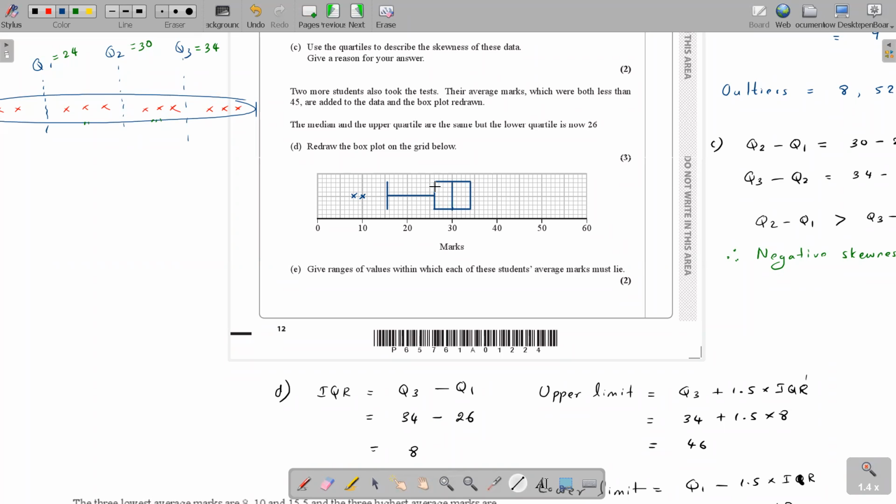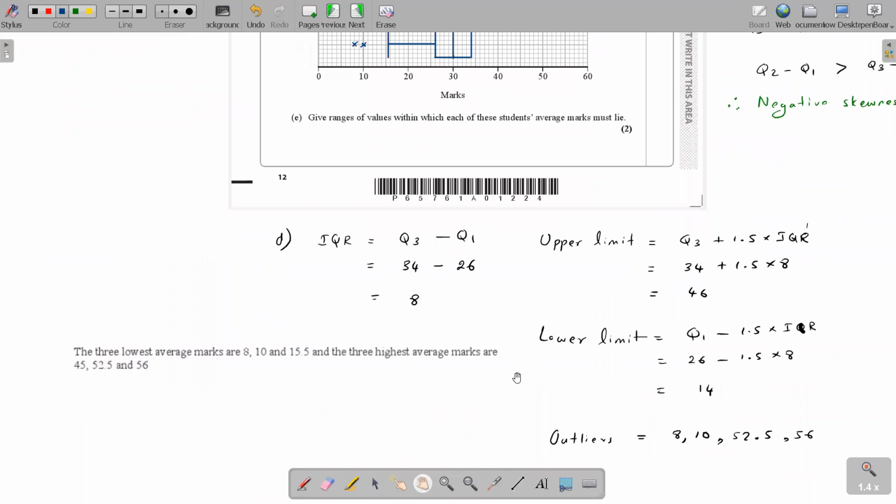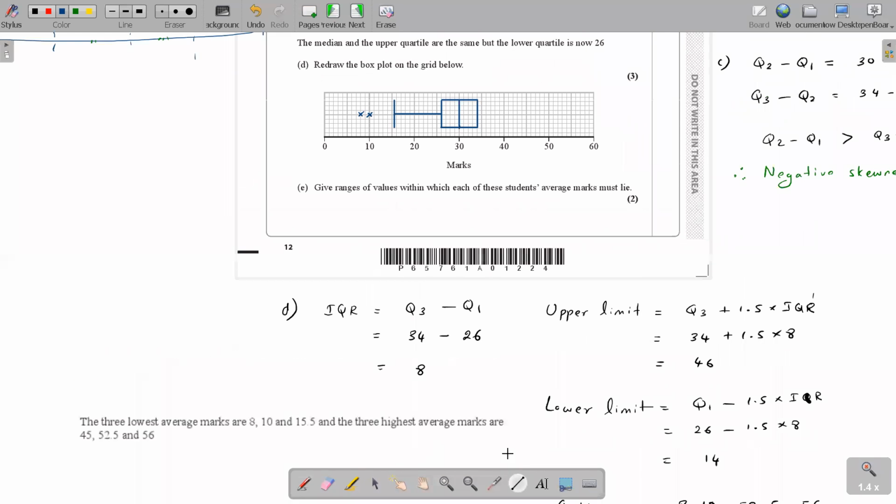And then the other side, children. So what is the biggest value that is not an outlier? You saw 52.5 and 56 are both outliers. So 45, right? 45 is the biggest value. Got that right. So the whisker should go until 45.